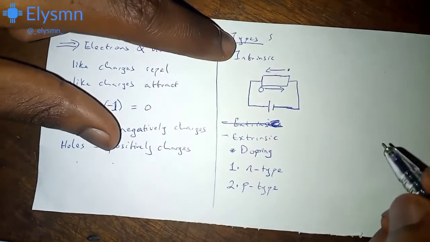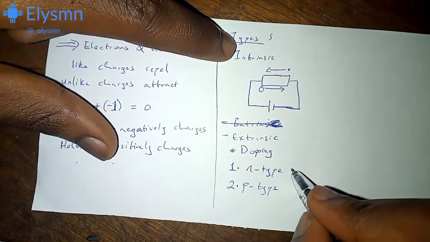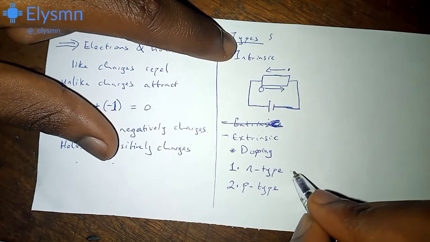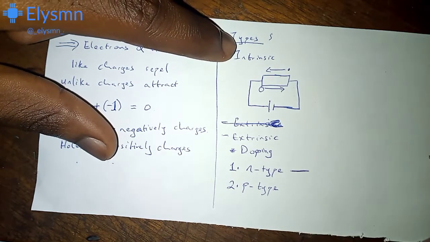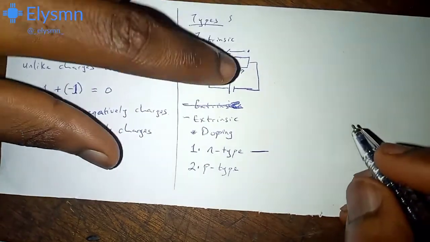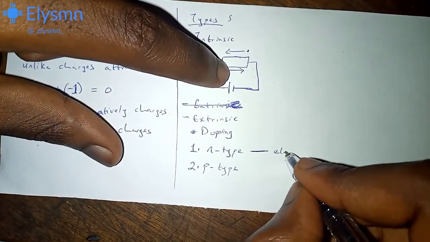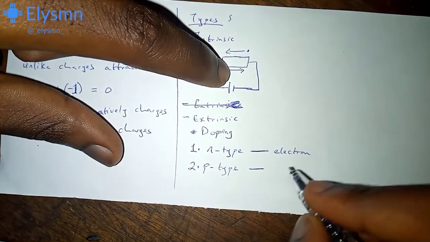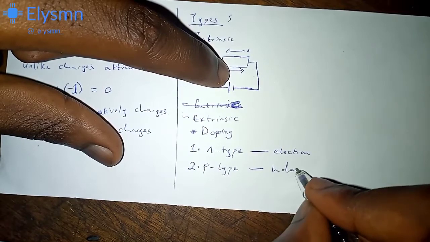So because of that, we have that the N-type semiconductor has a majority charge carrier of electrons. Electrons are the majority charge carrier. And in a p-type, the majority charge carriers are holes.